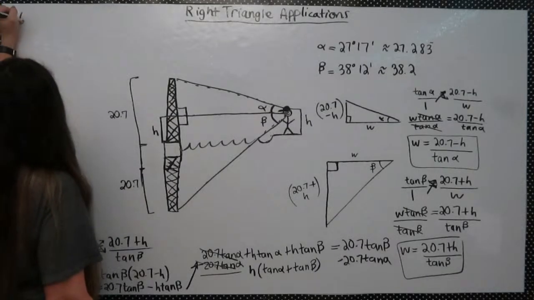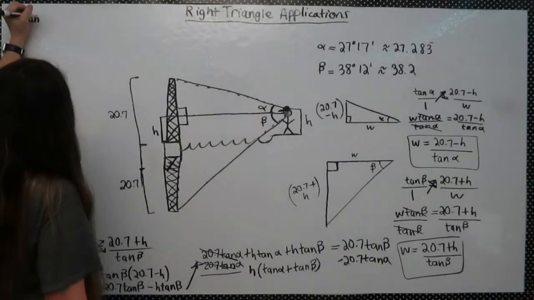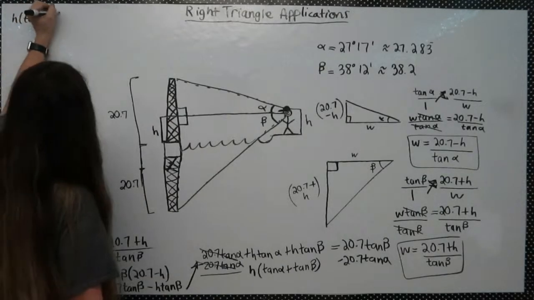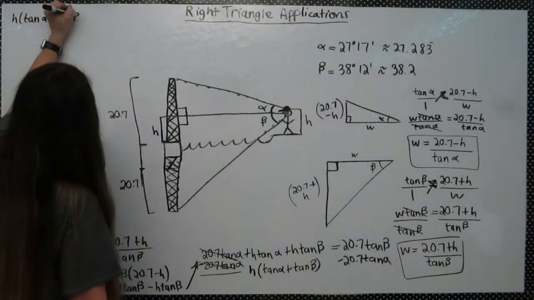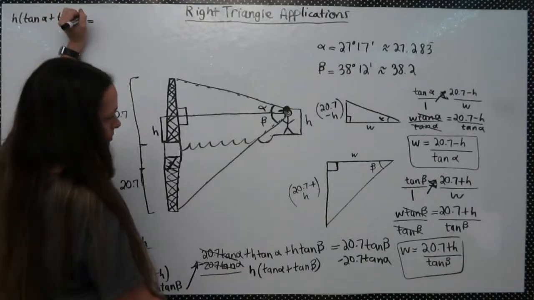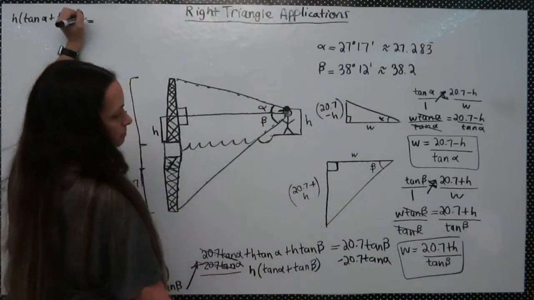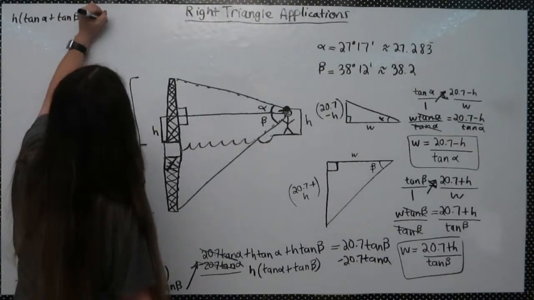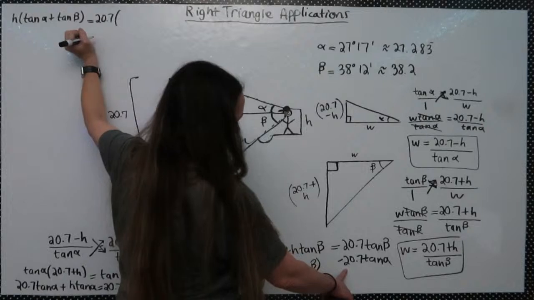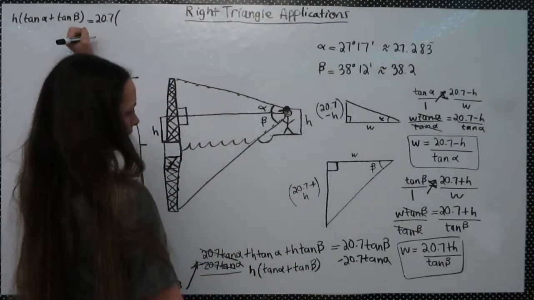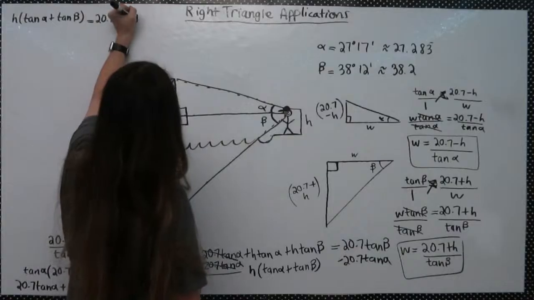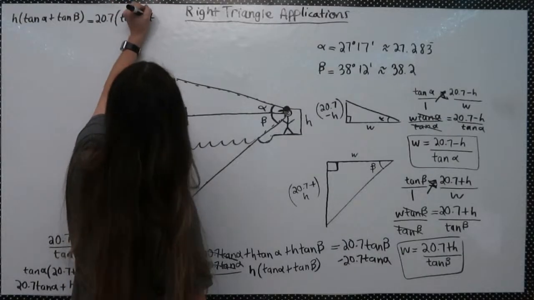So we have h times tan alpha plus tan beta equals 20.7, and I'm just going to go ahead and factor out that 20.7, and I'll say that that is tan beta minus tan alpha.